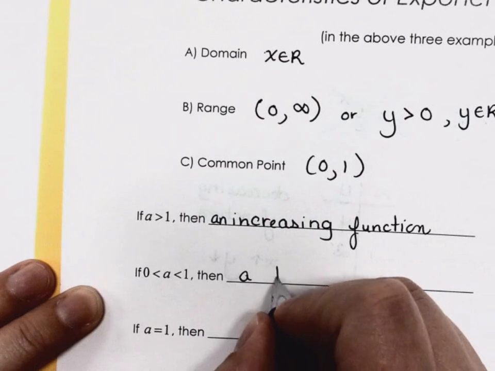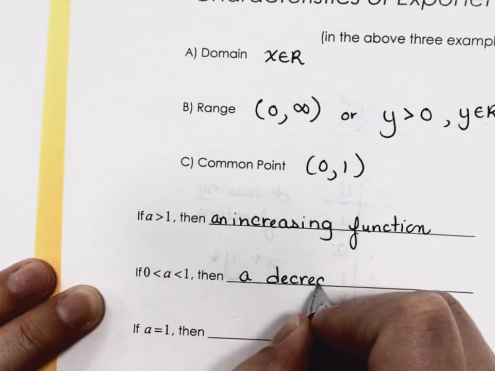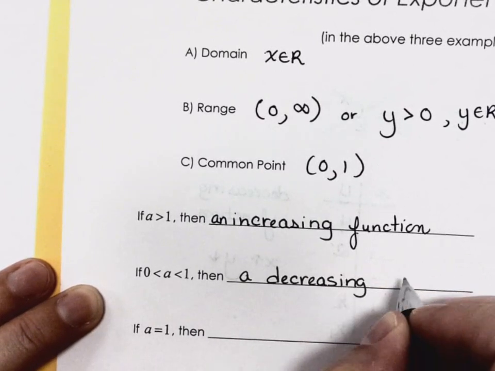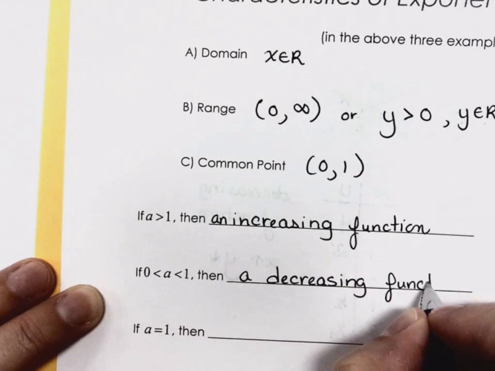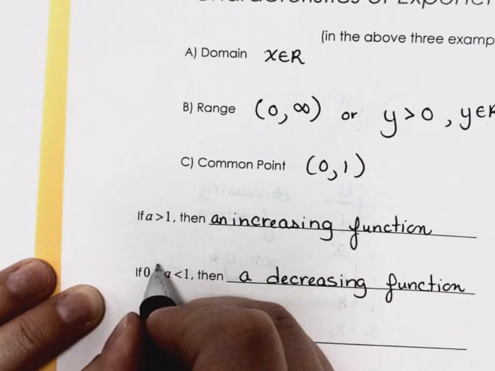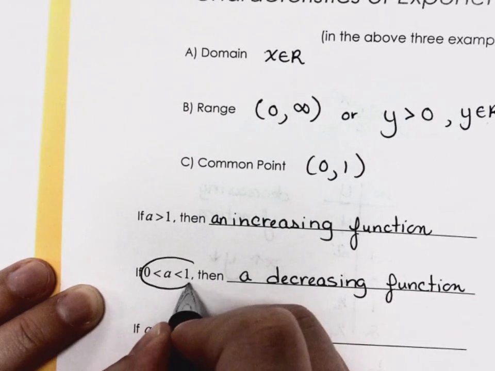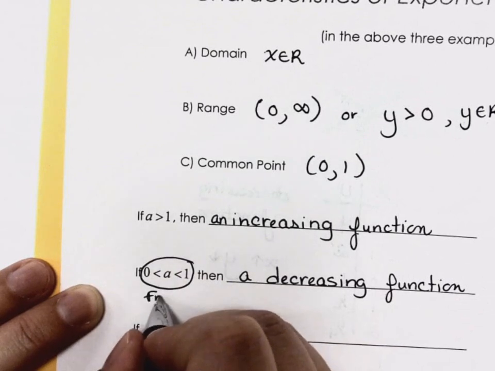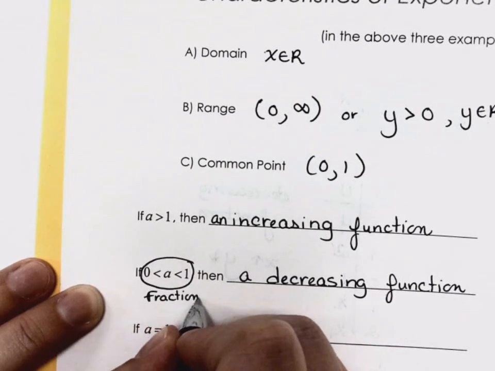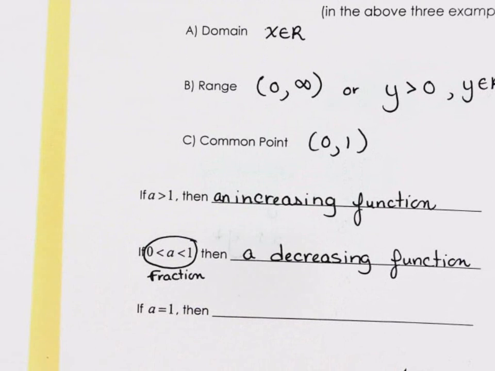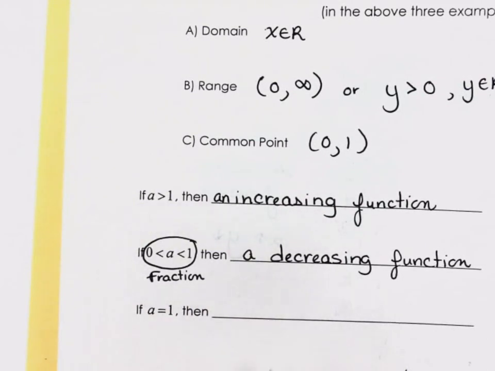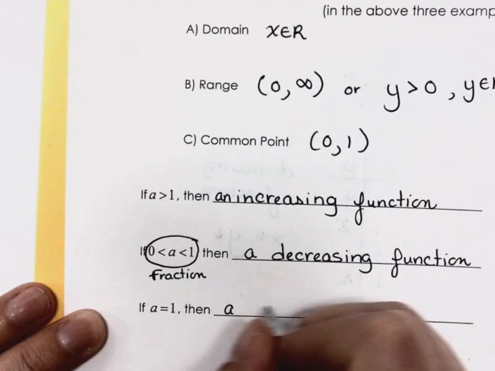We have a decreasing function. So that restriction just means a has to be less than 1, but it can be greater than 0. So that's really all those tiny values on the number line. And then if a is equal to 1, then we say that that is a constant function.